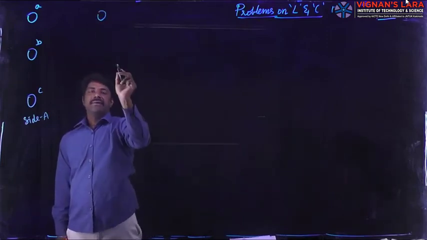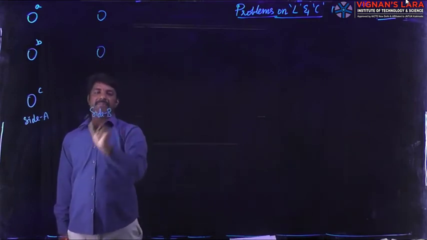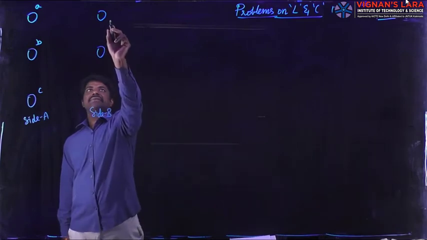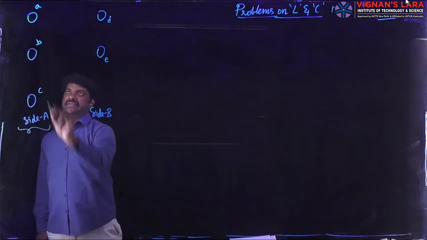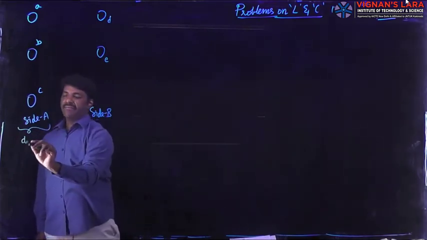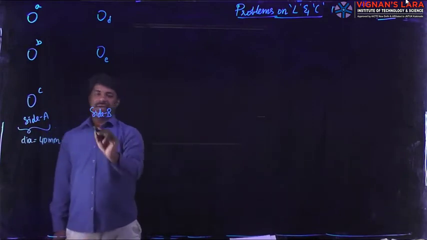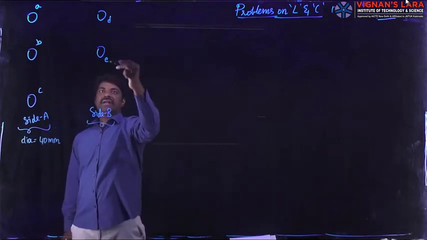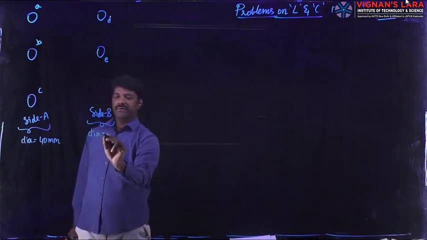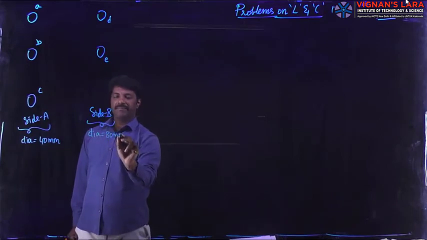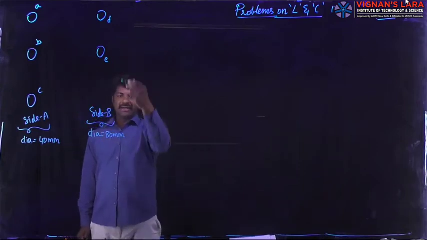Two more conductors form side B, and these conductors are named D and E. The side A conductors, these three conductors, have a diameter of 40 mm. And in side B, the conductors D and E have a diameter of 80 mm. These are the diameters of the conductors A, B, C and D, E.